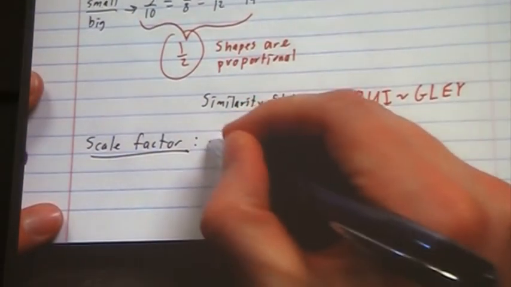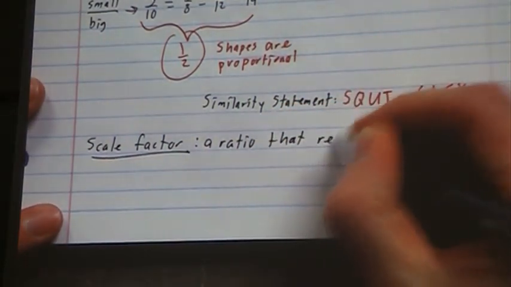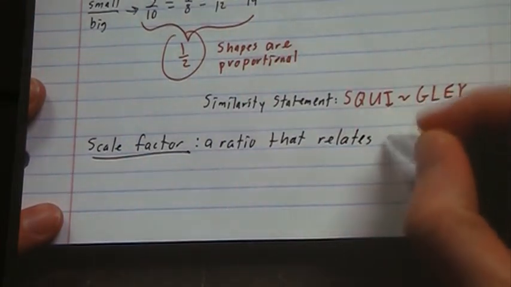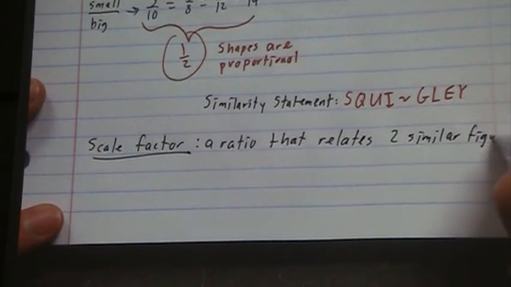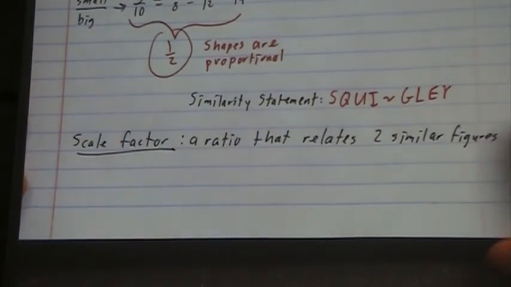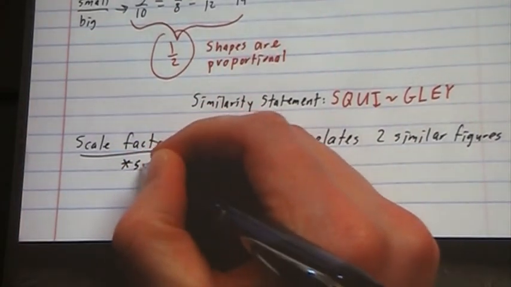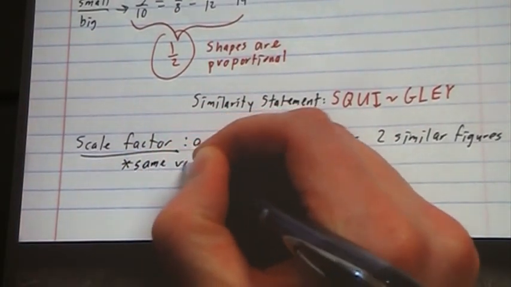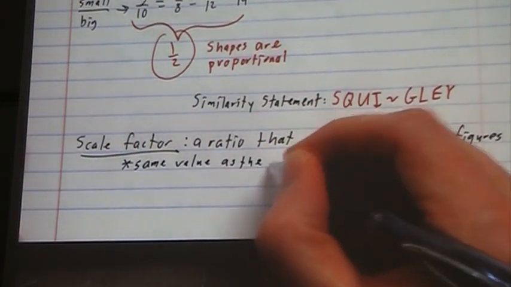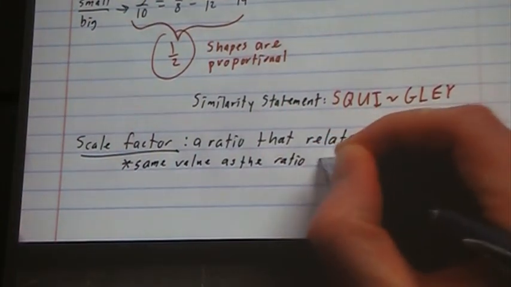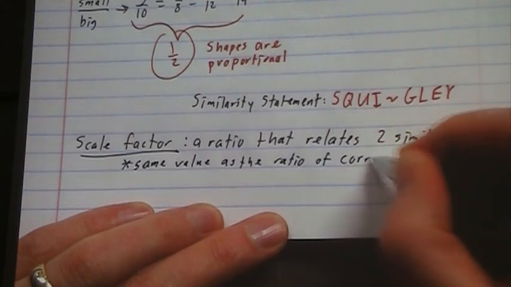It is a ratio that relates two similar figures, and it's the same value as the ratio of corresponding sides.